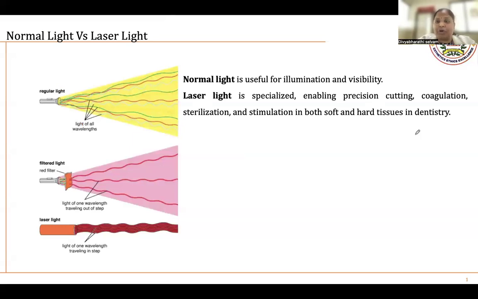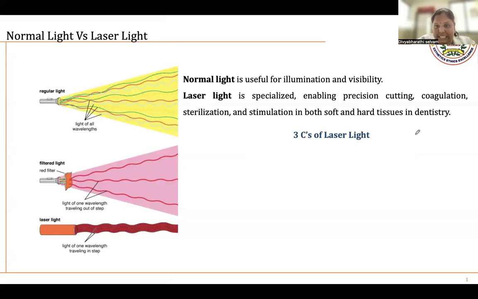Normal light is used for illumination and visibility, whereas laser light is specialized in enabling precision in cutting, coagulation, sterilization, as well as stimulation in both soft and hard tissues, and that is why it is being used in dentistry. So you need to remember the three C's in terms of laser light.